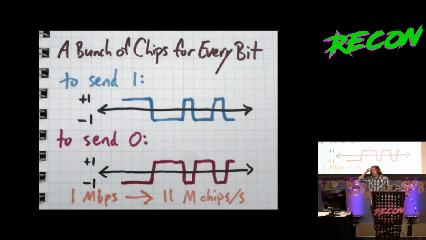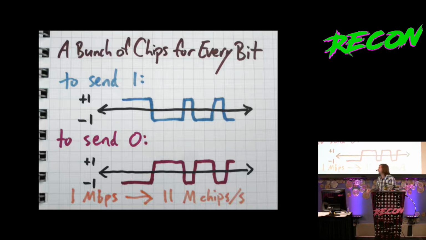And instead of calling these things bits, we call them chips. Mostly I'm going to be looking at binary phase shift key signals, so they're just two states, a high state and a low state. But instead of a high state being a 1 and a low state being a 0, a high state is just one of many chips, and you use a bunch of chips to send one bit of information.